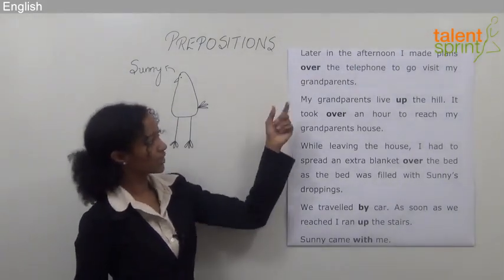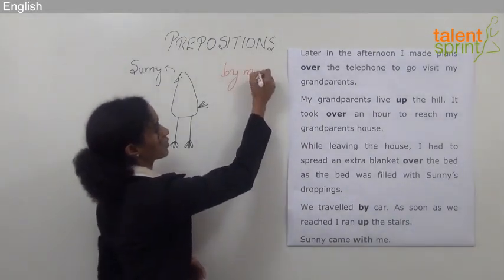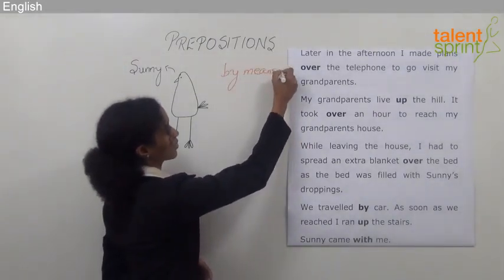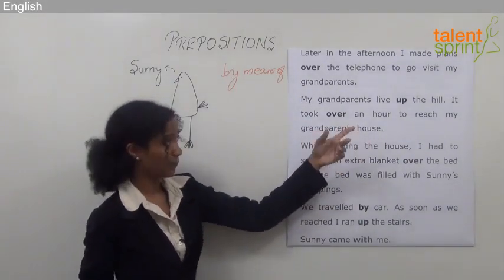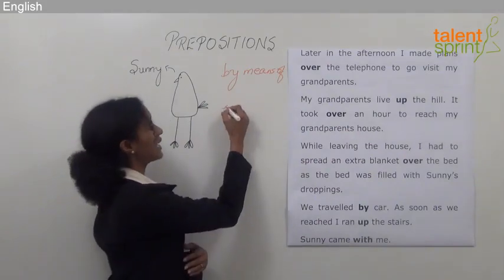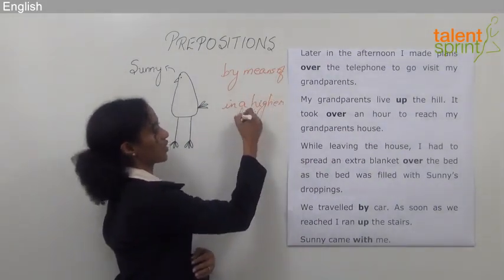Let's understand the application of these prepositions. Here, over in this sentence denotes by means of. My grandparents live up the hill. Up the hill. Up here represents in a higher place or in a higher location.